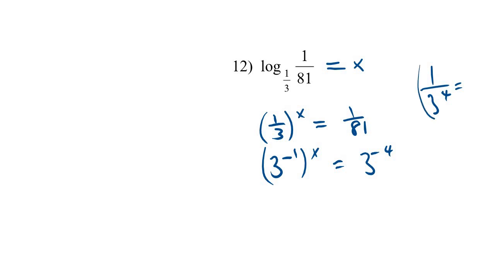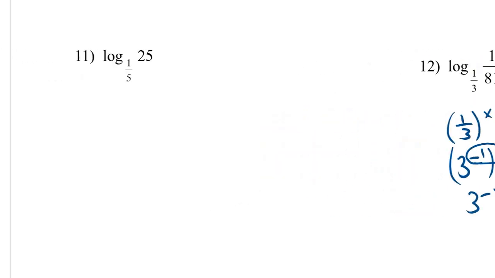So whenever you have a 1 over, you turn it to a negative exponent. And now we can multiply the exponents, 3 to the power of negative x, and then this one is 3 to the power of negative 4. And then you can set the exponents equal to each other and finish from there.